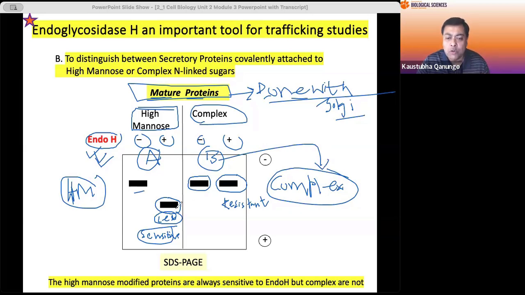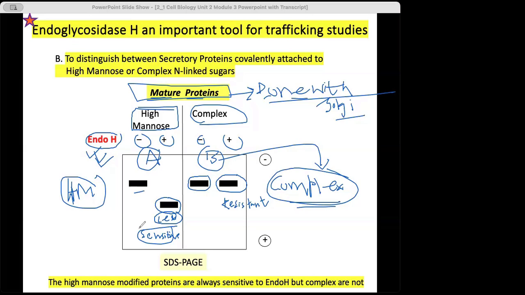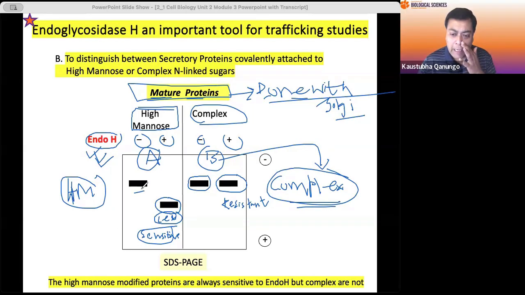So even in the mature form, endo H will always digest the glycosylation of the mannose. But if it is with those N-acetylglucosamine, galactose, N-acetylneuraminic acid, or sialic acid, they become resistant to endo H. Make sure that you guys got this part correct first. Again, remember that you have an A protein and a B protein.